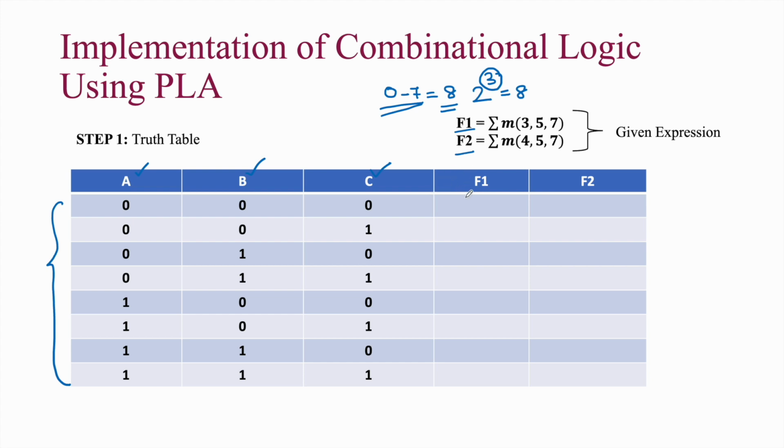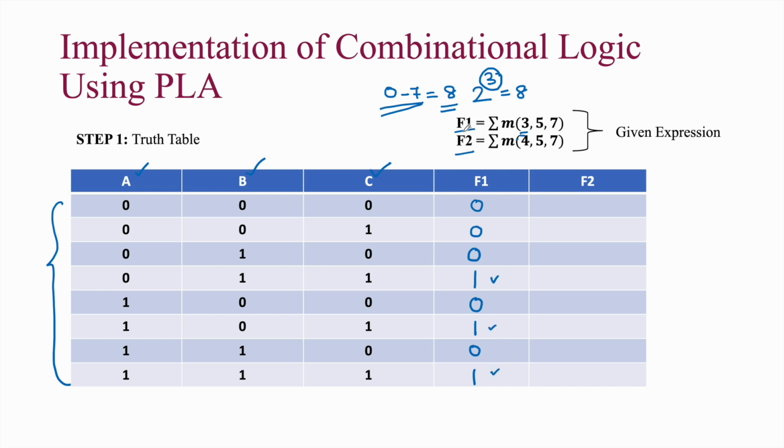We know that the positions are 0, 1, 2. At 3 we have a function, therefore let us mark it with 1. For 4 we don't have a function, we have it for 5, 0 for 6 and 1 for 7. So at 3, 5 and 7 locations we are just marking 1.